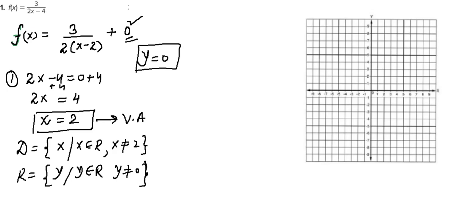So what are the asymptotes? The asymptotes are given to us. x = 2, so this line is representing x = 2. The other line is y = 0. y = 0 is already there, the x-axis is already there.